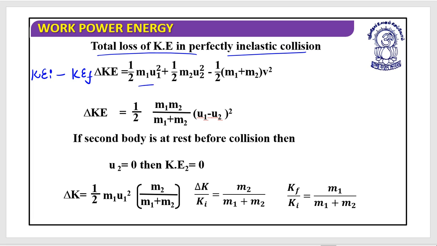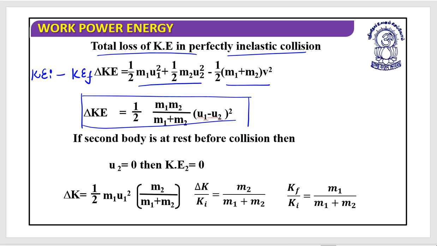The total loss is given by the initial energy minus the final energy, and if I solve this, it gives delta KE equals half into m1 m2 upon m1 plus m2 into (u1 minus u2) whole square.